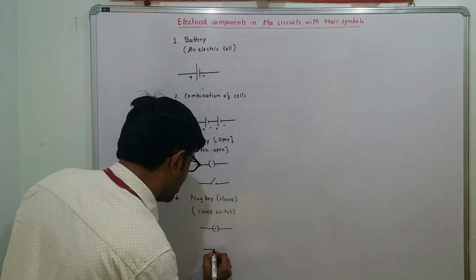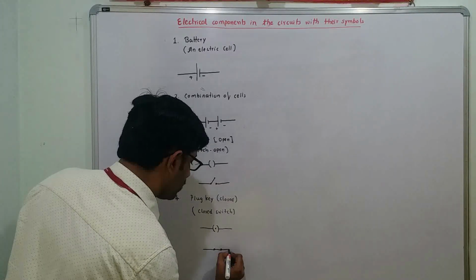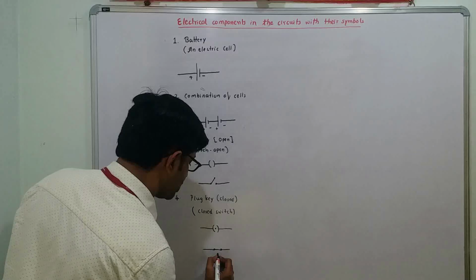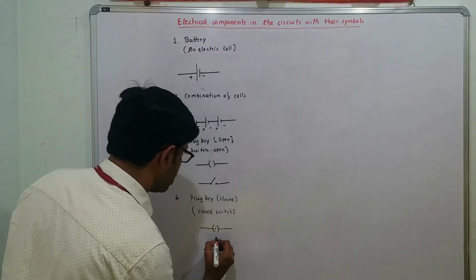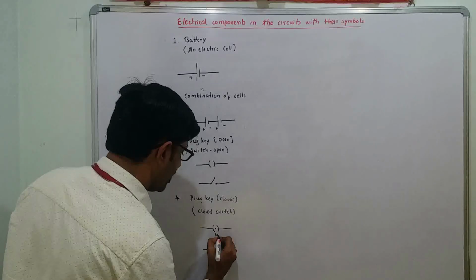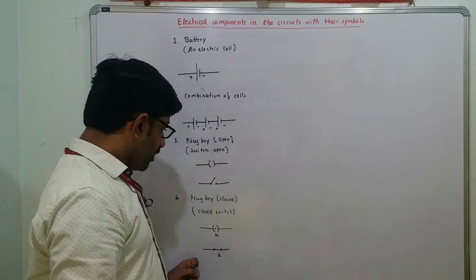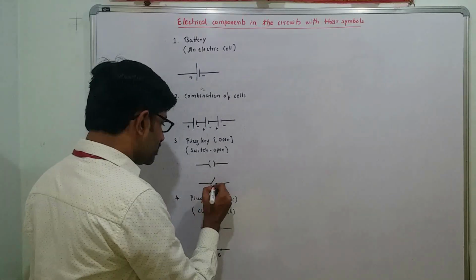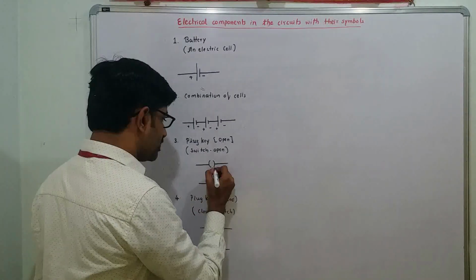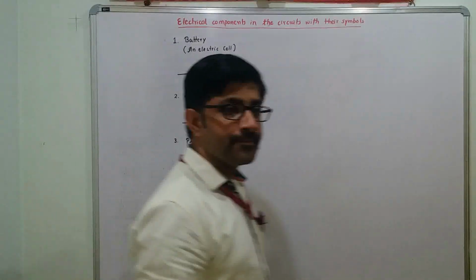Or in the second case, you just continue with the dark mark like this. This is closed switch S. This is closed plug key K. Either you go for the above diagram or below diagram. This is also switch S. This is plug key K. Both are same.